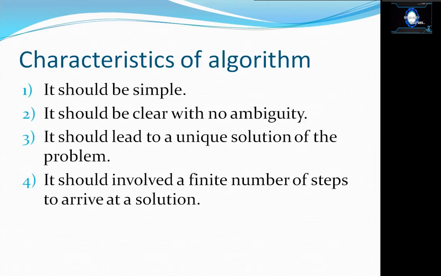Now the characteristics of an algorithm: it should be simple, it should be clear with no ambiguity, it should lead to a unique solution of the problem, it should involve a finite number of steps to arrive at a solution, and it should have the capability to handle unexpected situations which may arise during the solution of a problem.